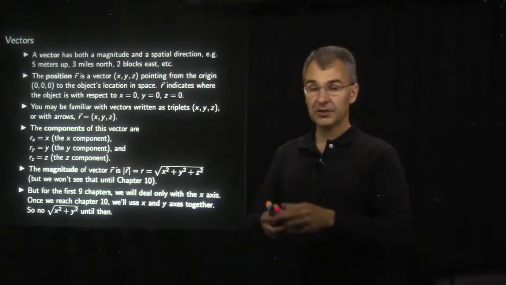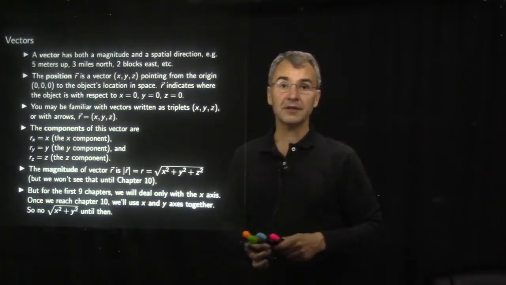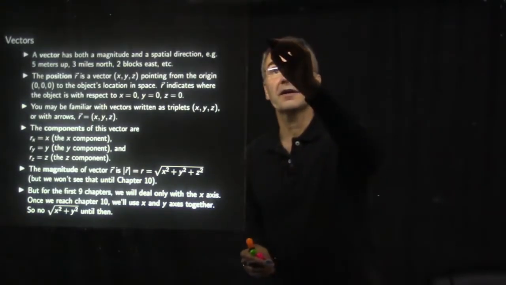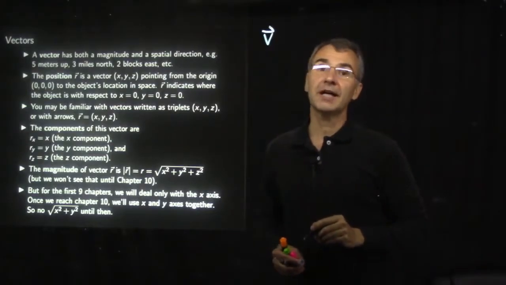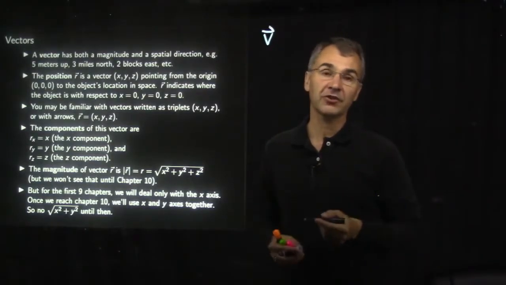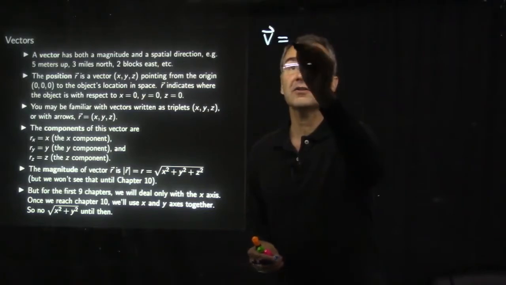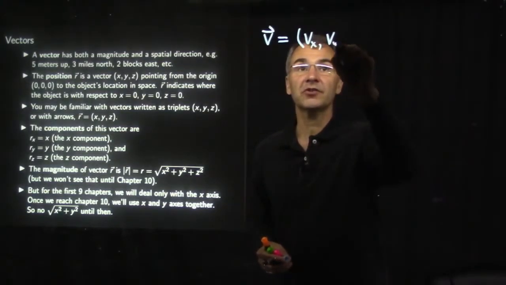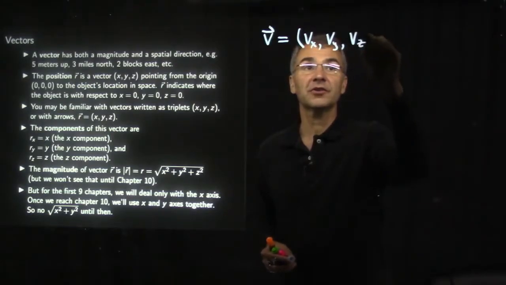We will soon meet a vector called the velocity, and it will, for example, be written like v with an arrow over it. The arrow reminds us that it has a direction, and it will have components v sub x, v sub y, and v sub z.